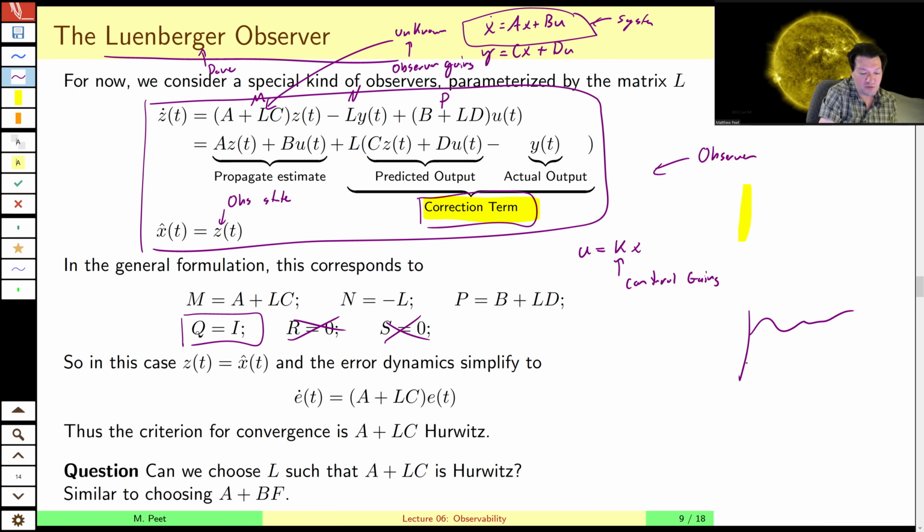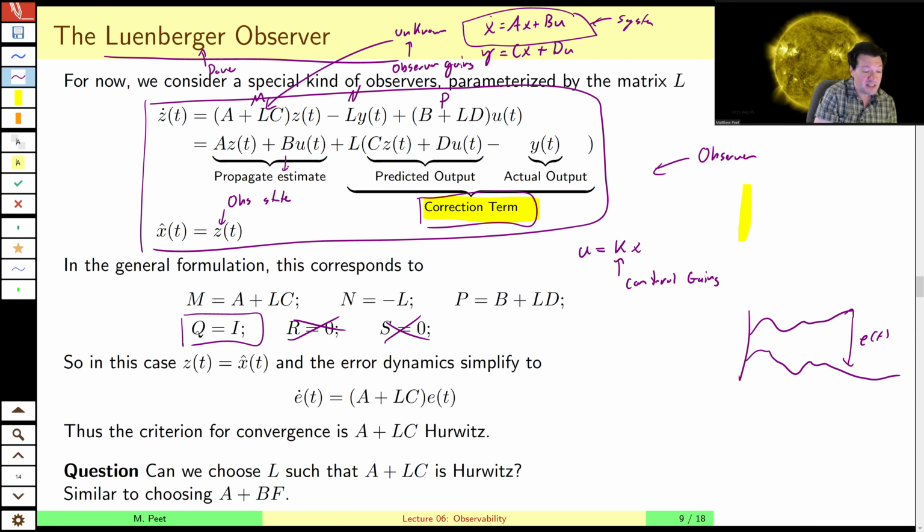Even if our estimate was off by a little bit, it might follow the state for a while, but then it would eventually diverge, and this error would get large. So the propagation of the state is the first step. But in addition to that, we have a correction step. At every time step, we're continuously updating or correcting errors in the state.